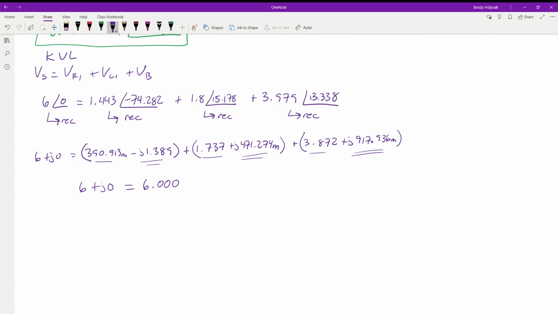After doing all that math, it came out exact. And then we have a minus j, and for this next part I didn't give it a metric prefix, to show what this number actually is, milli, micro, that kind of thing.